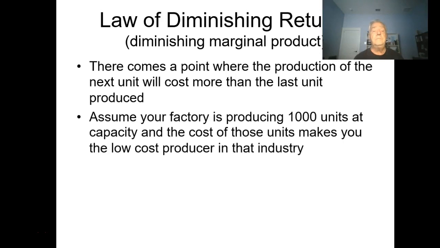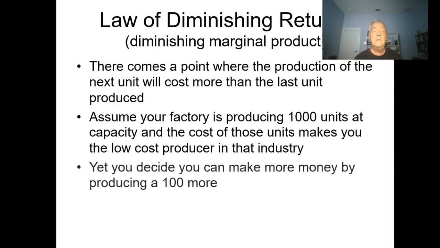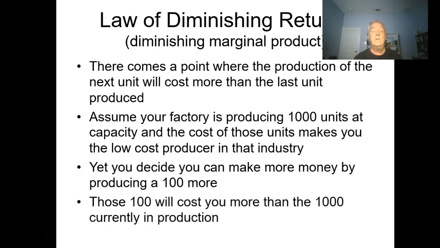Okay, so again, assume your factory is producing 1,000 units at capacity. The cost of those units makes you the low-cost producer in that industry. If you decide you can make more money by producing 100 more, guess what? Those 100 will cost you more than the total per unit of the 1,000 you're already producing.